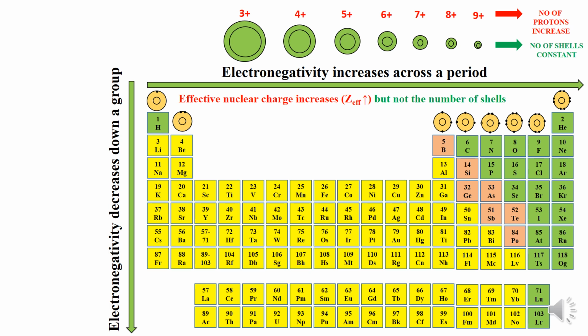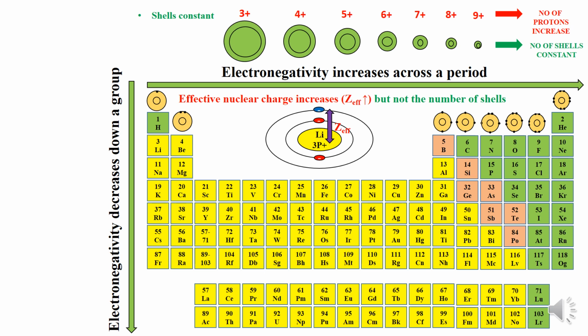So here the diagram representation is only for period 2 elements, showing the same number of shells across a period, that is only 2. So across a period for the period 2 elements, shells are constant, only 2 shells. Effective nuclear charge is increasing but not shielding.